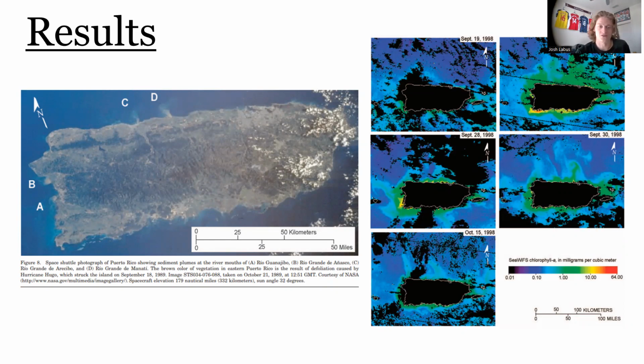Agriculture can disrupt the soil and cause it to be loose, so that when rain falls, it carries that soil with it, and sediment and nutrients from fertilizers and things like that, into these freshwater ecosystems and rivers, which then carries it out into the ocean, which you can see in A, B, C, and D. And it's actually crazy because this image is taken from space, and you can see how large these sediment plumes are coming out of Puerto Rico.